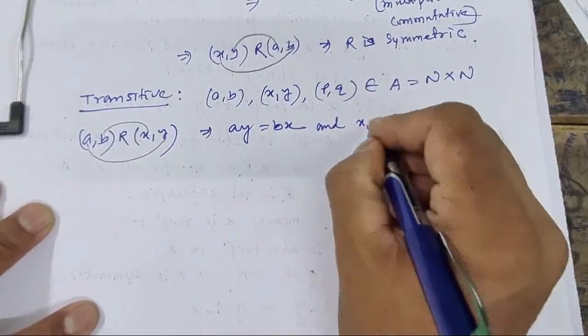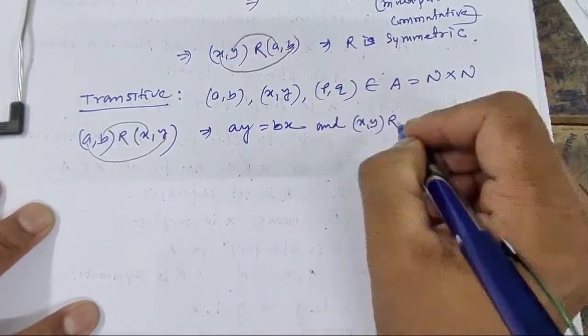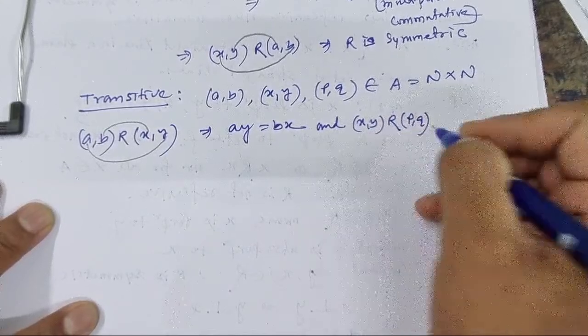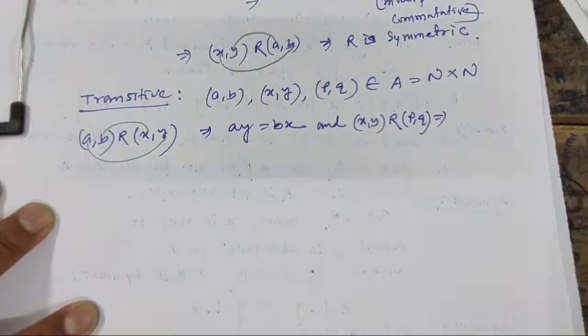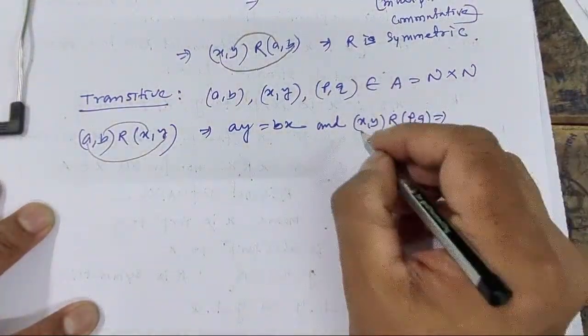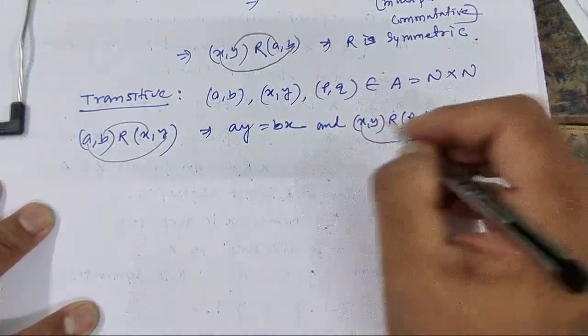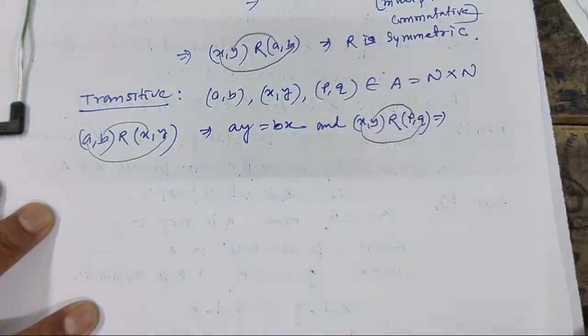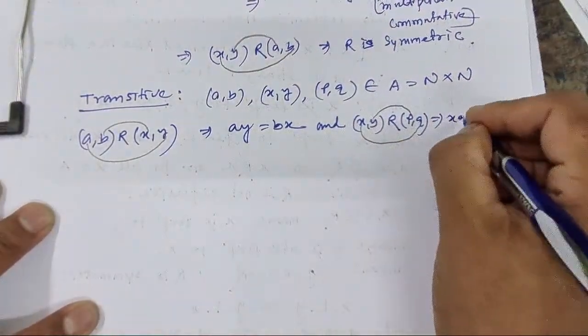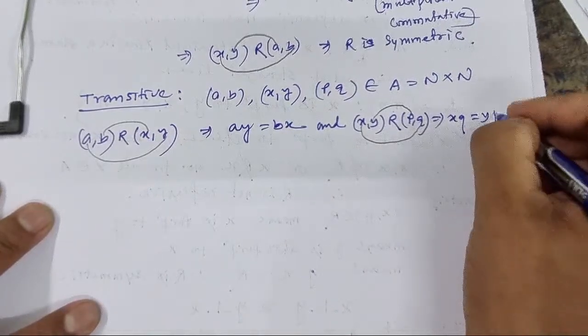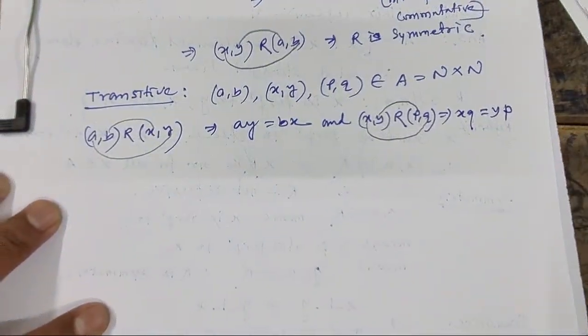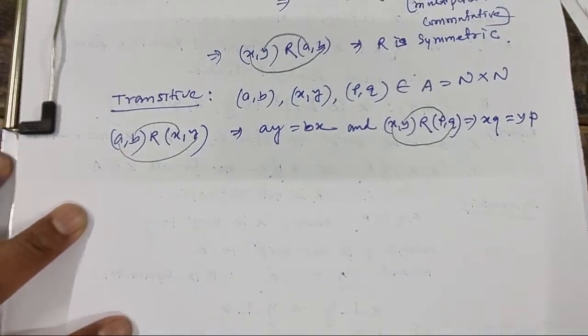And if I take (x, y) R (p, q), that implies again, the same way, first, last and second, first. That means xq equals yp. I hope it's understandable to everyone.